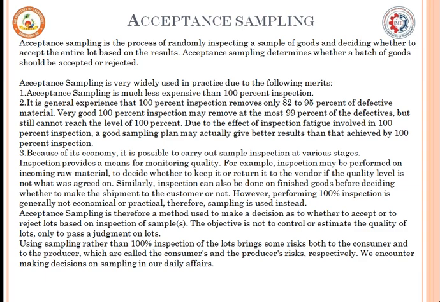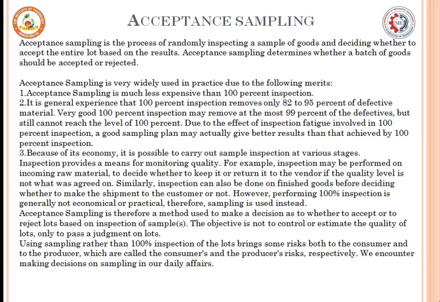In general, 100% inspection removes only 80 to 95% of defective materials. Very good 100% inspection may remove almost 99% of defectives, but still cannot reach the level of 100%. The effect of inspection fatigue is involved in 100% inspection. A good sampling plan will give better results than those achieved by 100% inspection.